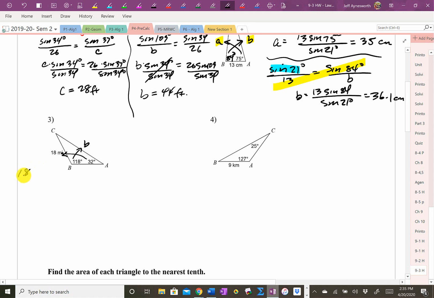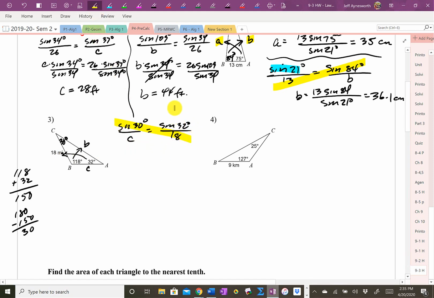So 18 plus 32, that sounds like 150 to me. 180 minus 150 is 30. So this angle up here is 30 degrees. So here we go. The sine of 30 degrees to side C, I'll find C first, is equivalent to the sine of angle A, which is 32 degrees, to its opposite side, 18.